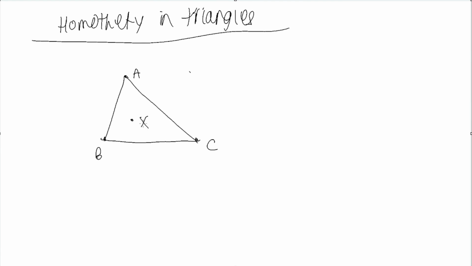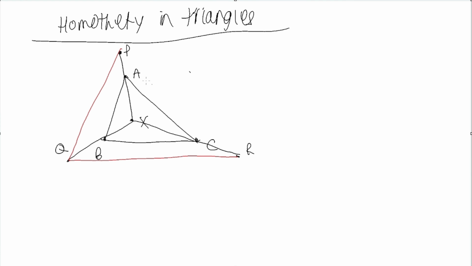Suppose I take a homothety centered at X, sending ABC to some other points here, say P, Q, and R. Then we know by homothety properties that these points all pass through a point X. And also from our discussion earlier, PQ is parallel to AB, QR is parallel to BC, and PR is parallel to AC.